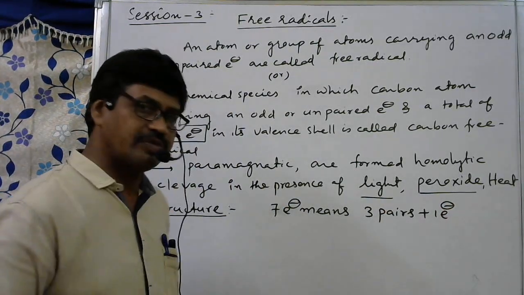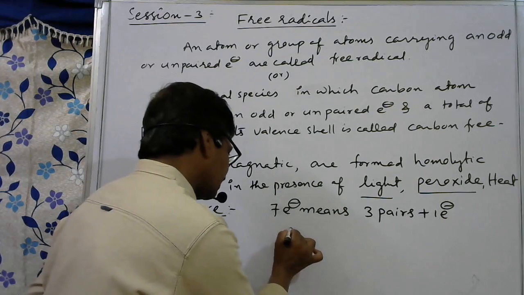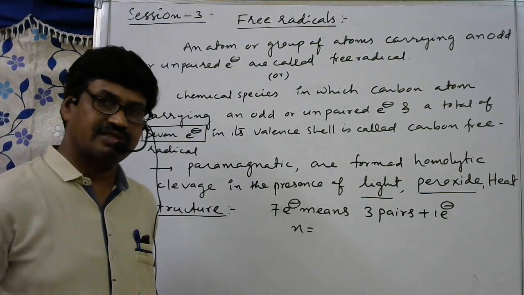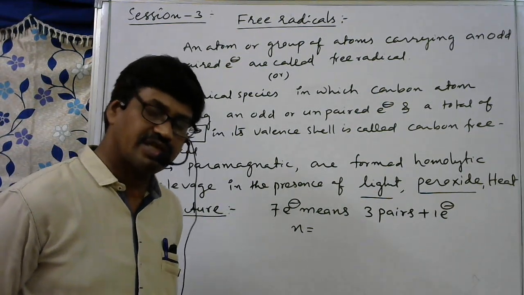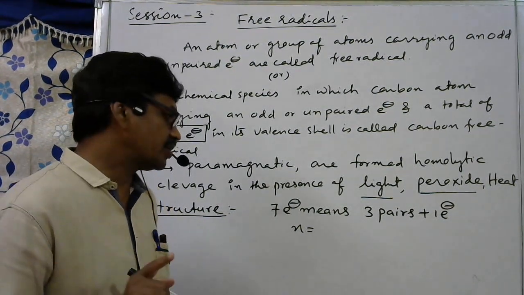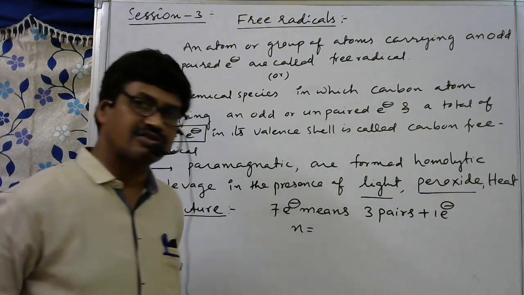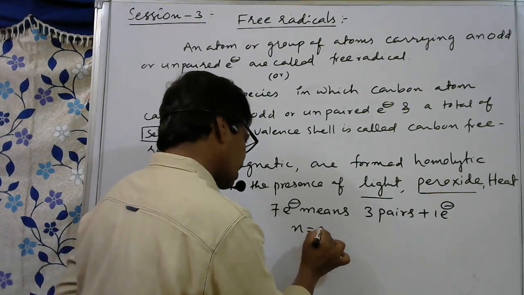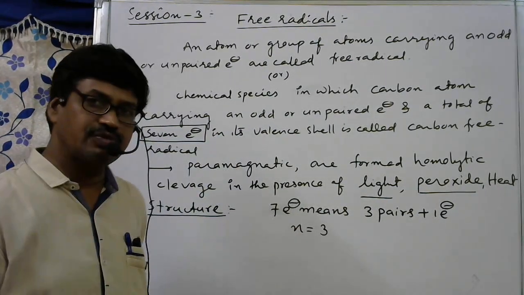That 1 electron should not be counted in the n value. N value indicates the total number of electron pairs, including lone pairs and sigma bonding electron pairs, excluding pi electron pairs and single electrons. So here the total number of electron pairs, n, is equal to 3.